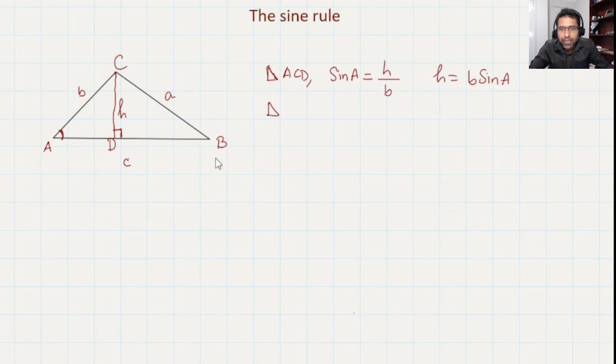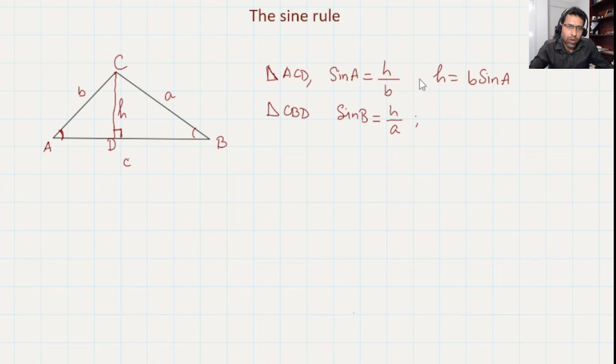Sine of B, if we are talking about this angle, the opposite is H over hypotenuse A.